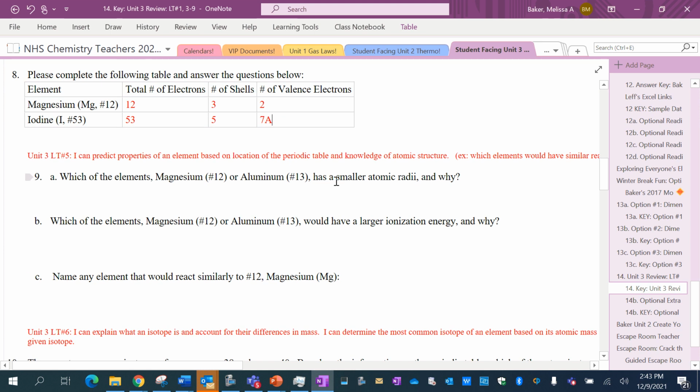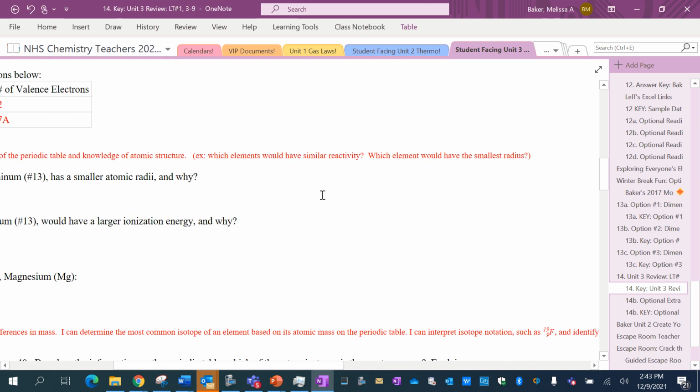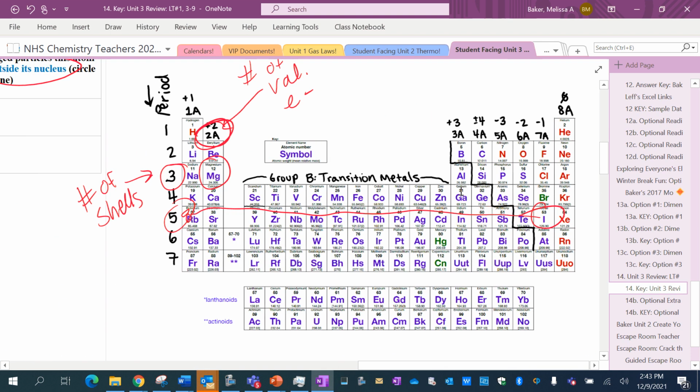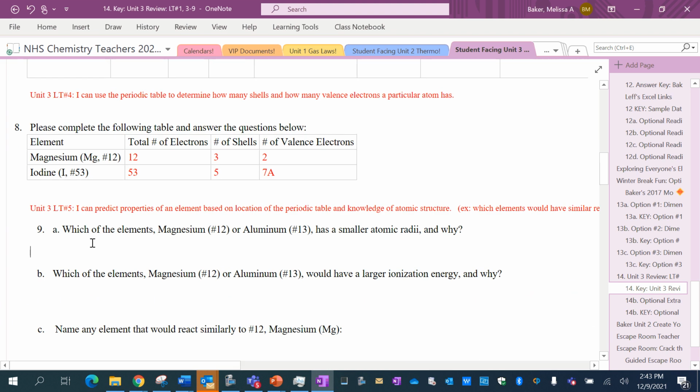I can predict properties based on its location, which ones would have similar reactivity, the smallest radius. Okay, so let's do number 9 first. Which element, magnesium, number 12, or aluminum, number 13, has a smaller atomic radius? So magnesium's right here, aluminum's right here. So while both Mg and aluminum have 3 shells of electrons, aluminum has 1 more proton in the nucleus than magnesium does.